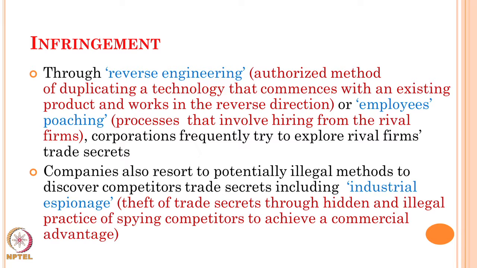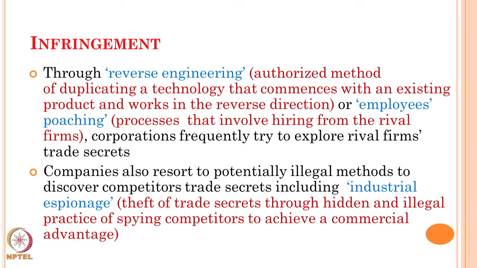Companies also resort to potentially illegal methods to discover competitors' trade secrets, including industrial espionage, the theft of trade secrets through hidden and illegal spying on competitors to achieve a commercial advantage. So, three different ways: reverse engineering, employee poaching, and industrial espionage.